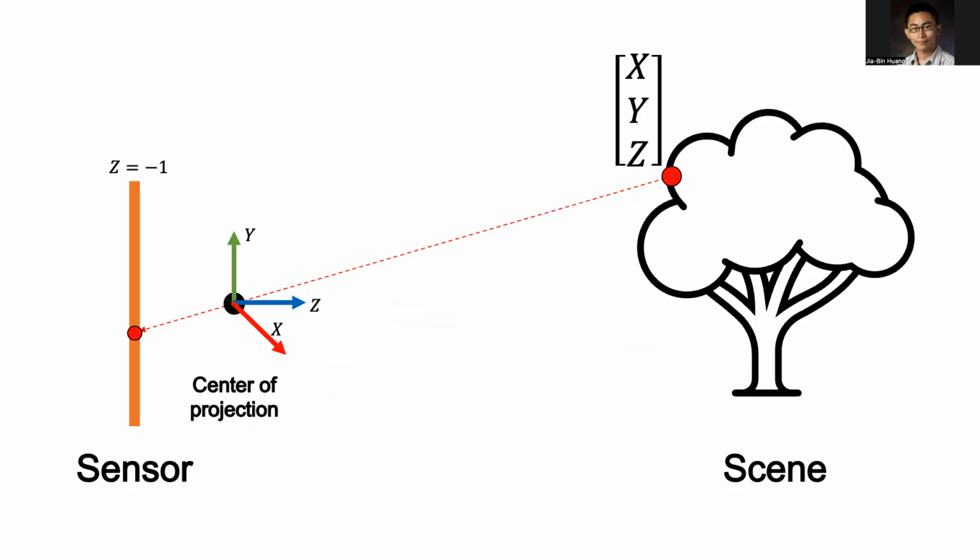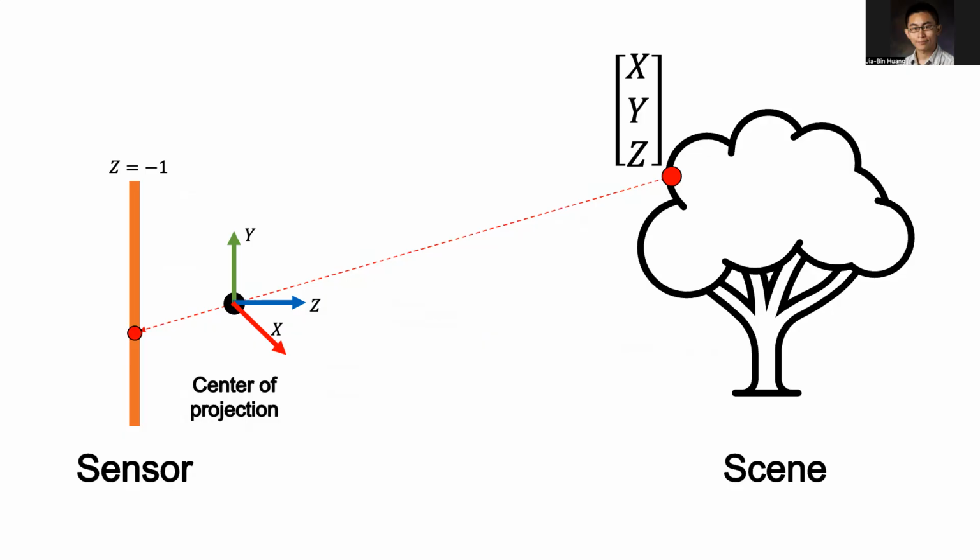Okay, simple geometry, right? You know z is here, and you'll use a very simple trick called similar triangles. You probably learned this in high school.